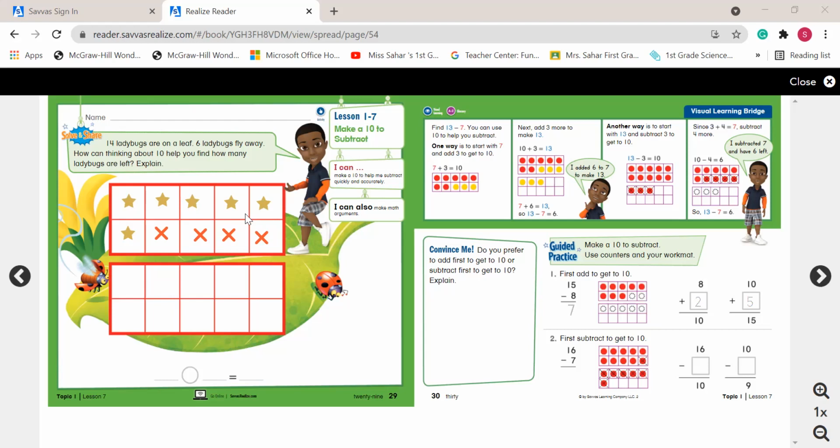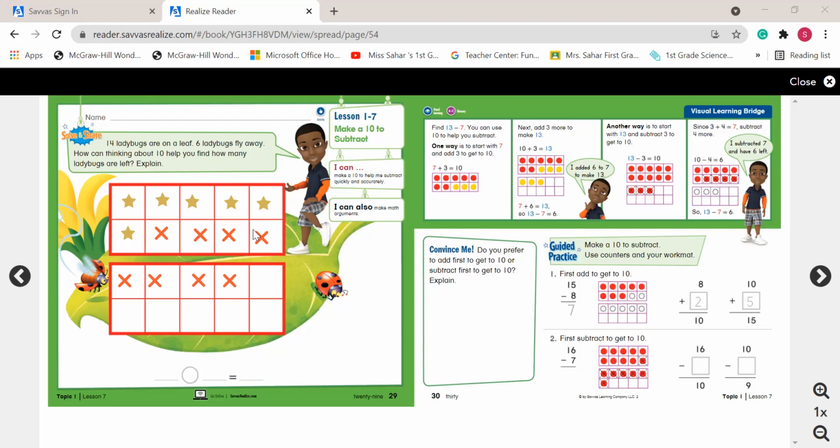So this 10, I need to reach 14 because that's my total number. So what I'm going to do, I know that I have 10. I need to add 4 more to make 14. 1, 2, 3, 4. So now I have 10, and then 4 more, I have my total 14.